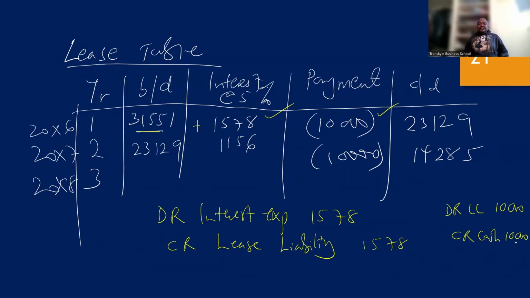All right. Then in the statement of financial position, you would see that although initially our lease liability was 31,551, it is going to be reduced, and subsequently it will be reduced by 10,000, and we will be having 23,129 as our closing balance for the lease liability.